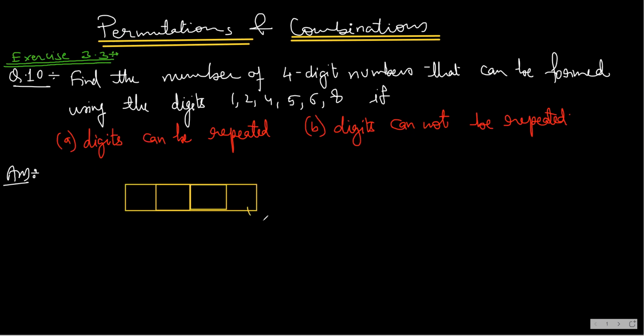In a four-digit number, you have units place, then you have tens place, then you have hundreds place, and the thousands place.